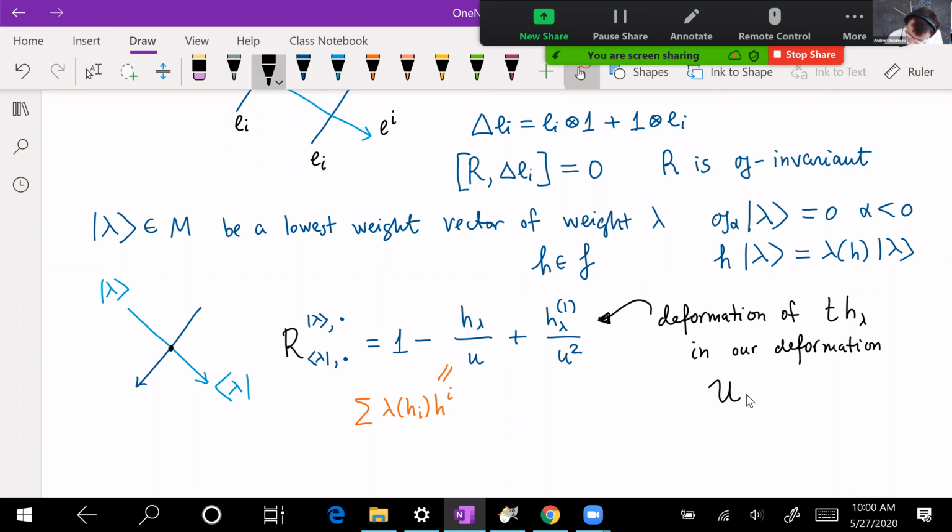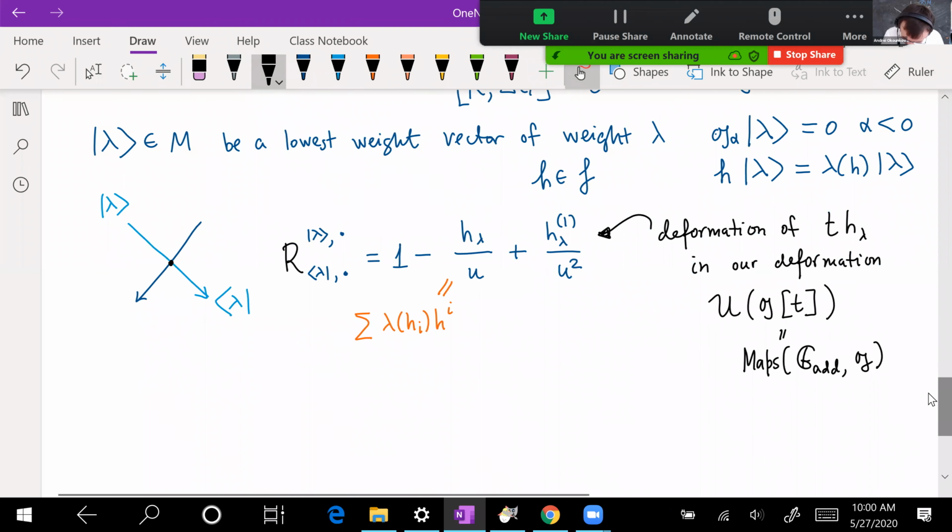We're deforming the universal enveloping of G adjoint polynomials in T. Remember, our Lie algebra were maps from some group to the Lie algebra G, and so these are T's. So these are maps from my additive group to G.